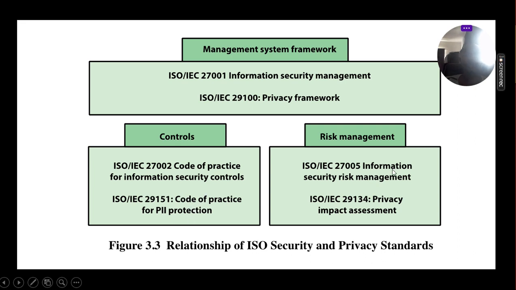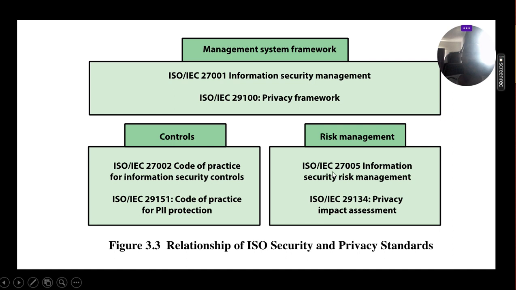Then the 27005 is information security risk management. This one has something to do with risk management. The 29 also has something to do with privacy impact assessment, which is also the same meaning as risk assessment, the 29134, which is privacy impact assessment.